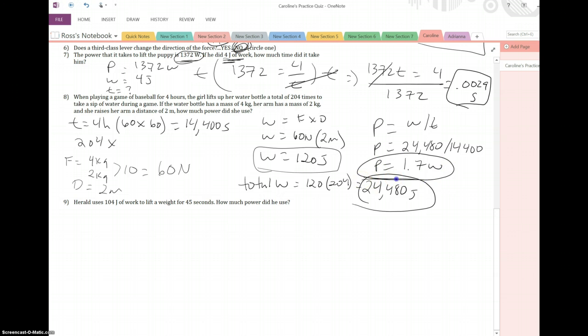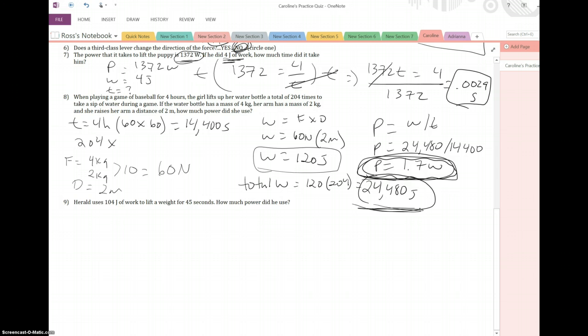This right here is your final answer. That's the power that she used to lift her arm all those 204 times in 4 hours. Not all that much power, which makes sense. You're just lifting your arm and the water bottle, but doing it 204 times across 4 hours, that's a significant amount of work.